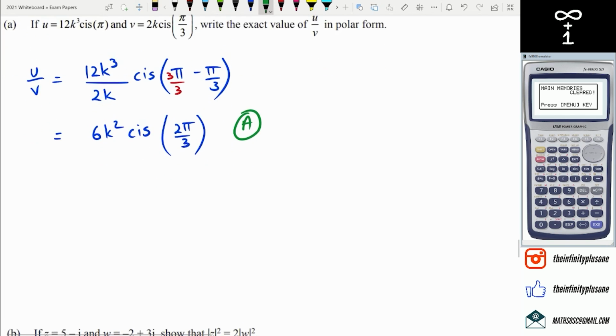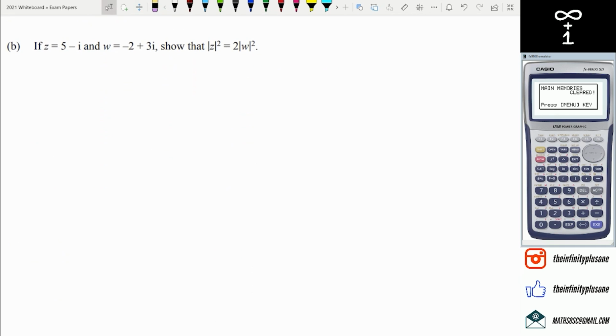Okay, so going to question 3b. Once again, we are coming back to this z squared thing again, well, modulus. So we've got to actually work out what the modulus of z is first. So modulus of z is going to be the square root of 5 squared plus negative 1 squared.